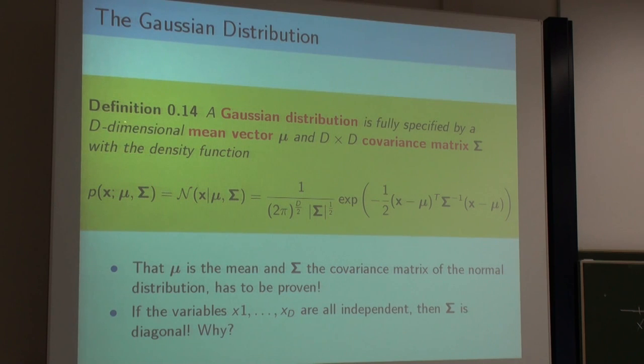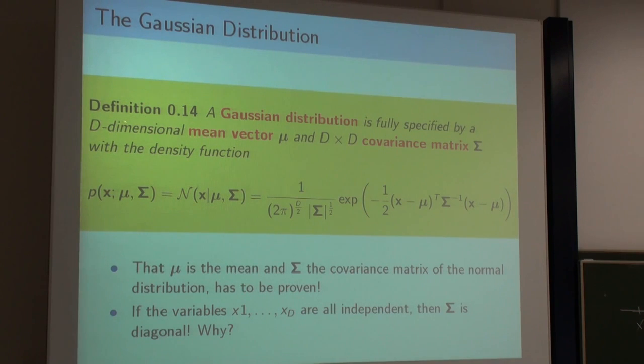But be careful, it has to be proven that this parameter mu here is the mean. This mu here is the expected value. We are not talking about samples. Now here we talk about the distribution, and mu is the expected value, and sigma is the covariance matrix. So this has to be replaced by expected value. And this has to be proven.